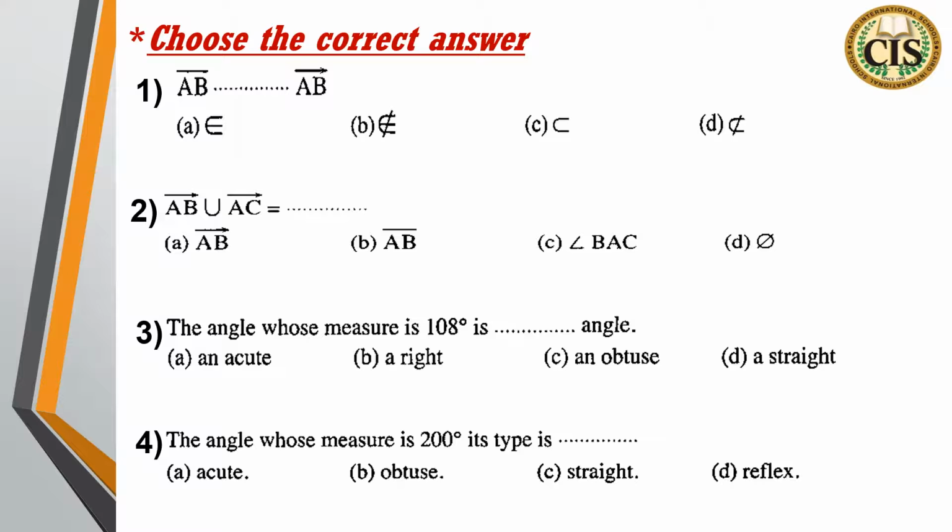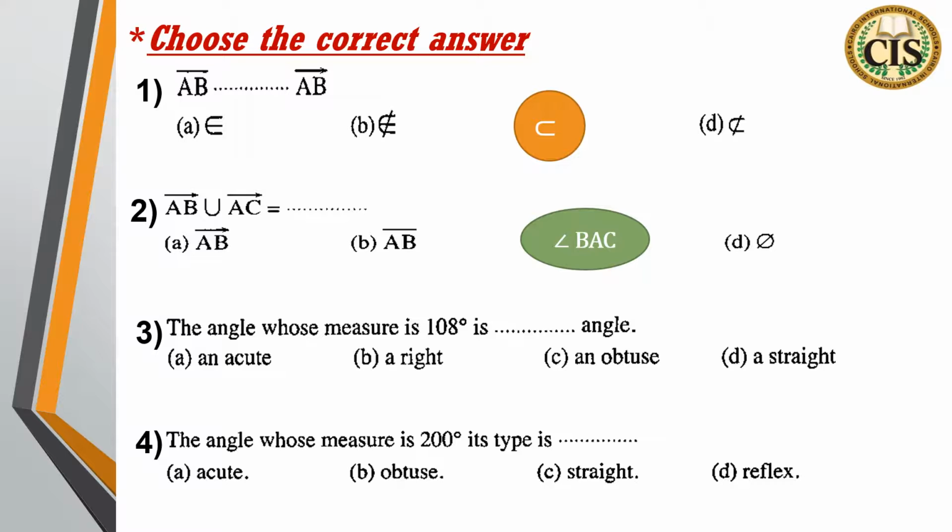Choose the correct answer. Ray AB as a line segment to AB as a ray: belong, doesn't belong, subset or not subset? Subset. Okay. Ray AB union with ray AC equals what?